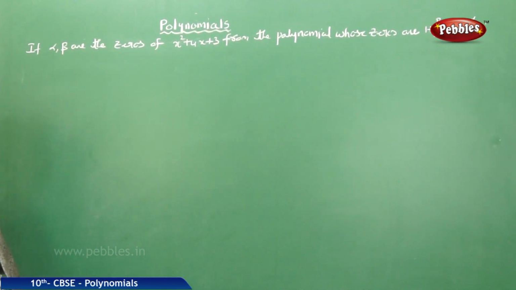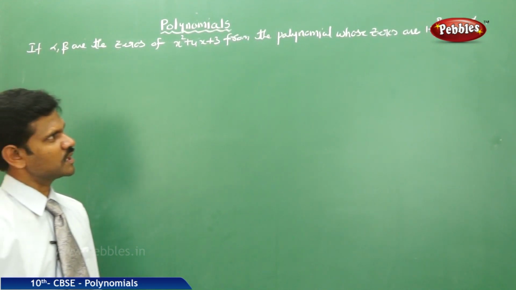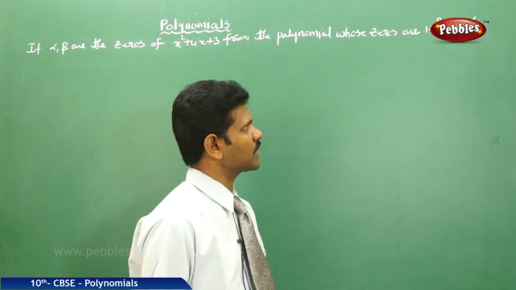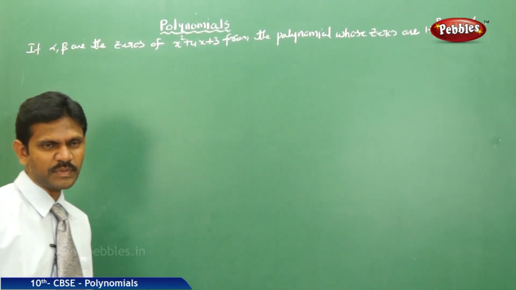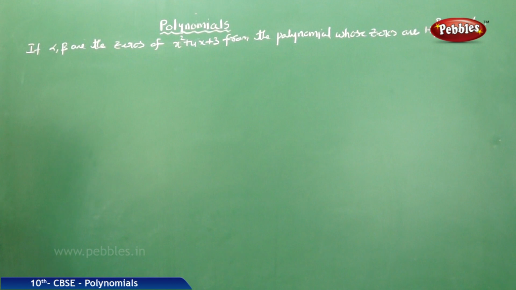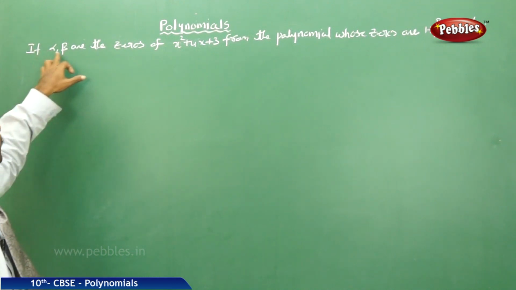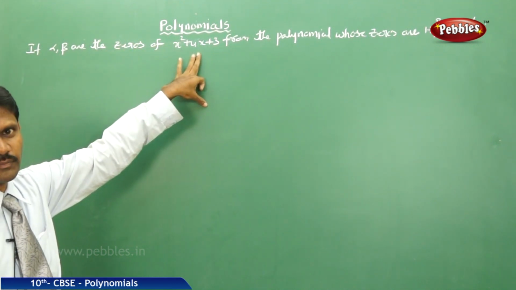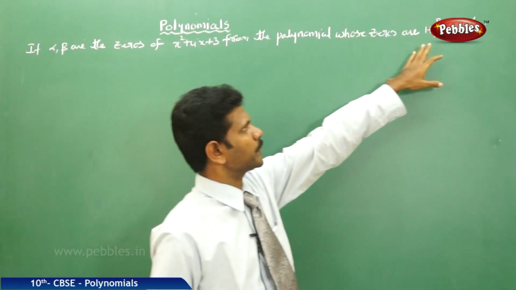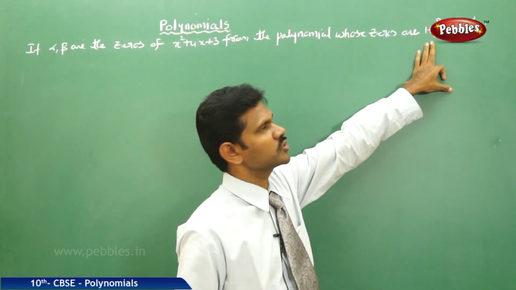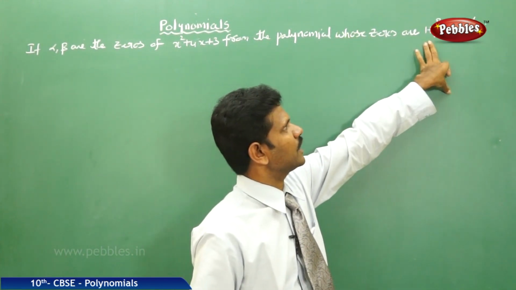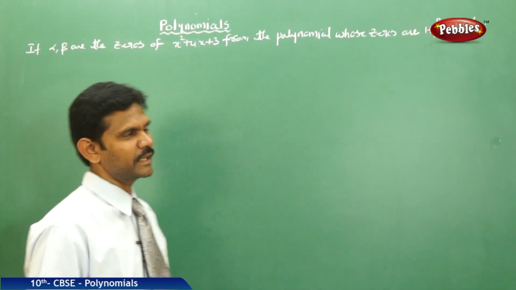Okay, next question. If alpha, beta are the zeros of x square plus 4x plus 3, form the polynomial whose zeros are 1 plus beta by alpha, 1 plus alpha by beta. That means you have to find the quadratic polynomial. Alpha, beta are the zeros of this quadratic polynomial. Now you have to prepare a quadratic polynomial whose zeros are 1 plus beta by alpha, 1 plus alpha by beta.